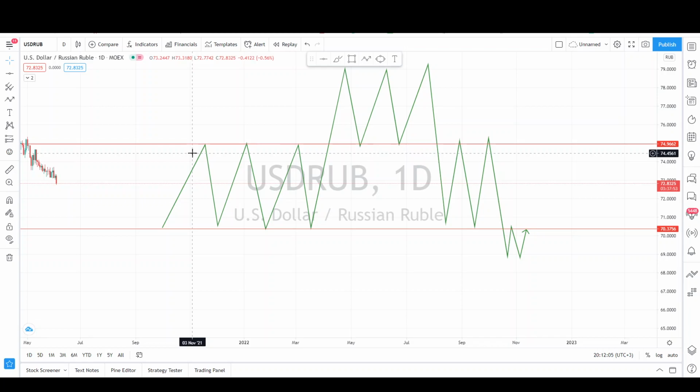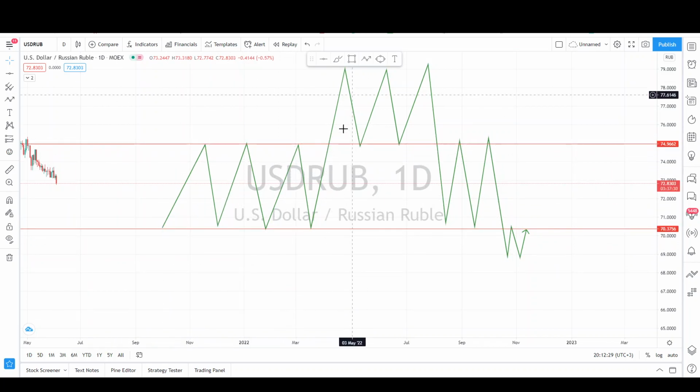But you should also know that resistance and support levels are broken most of the time, right? Because price is not going to range around this zone or this area forever.